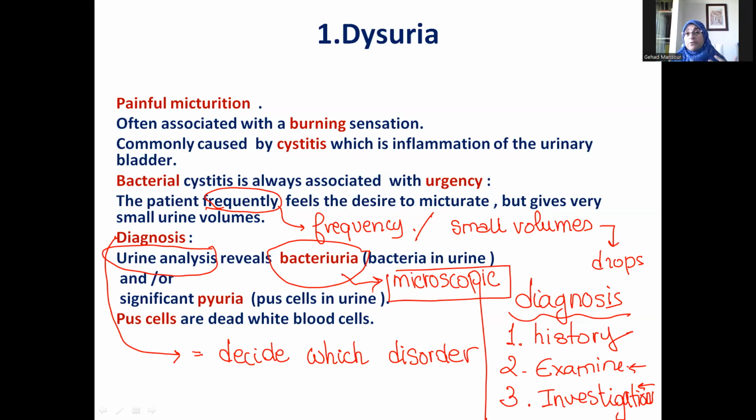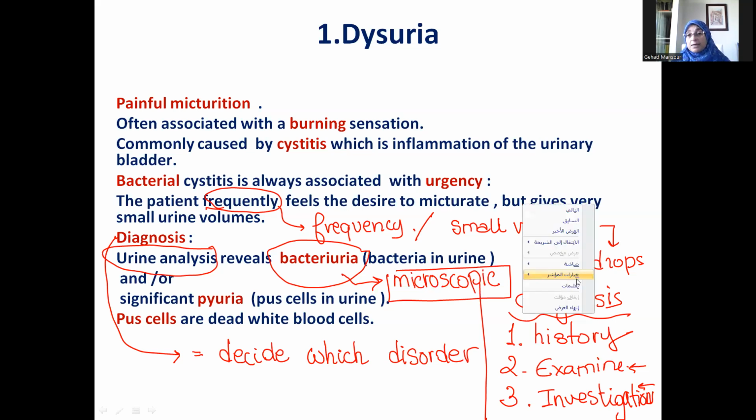So if I ever ask you about the steps of diagnosis, you would say history, examination, and investigation. Through the history, you have several possibilities in your mind to interpret or explain the symptoms of the patient. Through examination, you taper or narrow those possibilities or this differential diagnosis, and then through investigations, you confirm your final diagnosis.